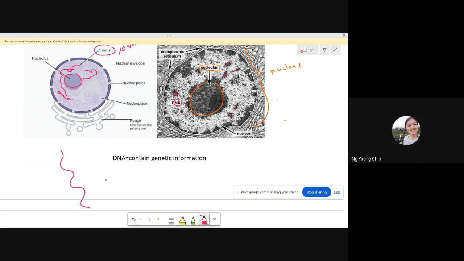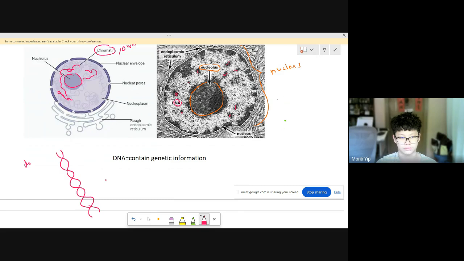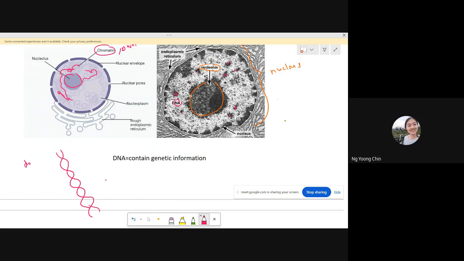Two, not one. DNA is two, like this. So they would call it double stranded. One strand is referred to as RNA. You heard about RNA before, right? Two strands is DNA, which is a double helix, and one strand is RNA, which is a single helix like this.